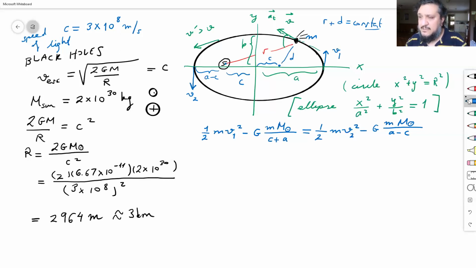So you can define a number called e that would be the ratio of c to a, I think. So c is e times a. It doesn't matter how we define it, but I think it's like that.